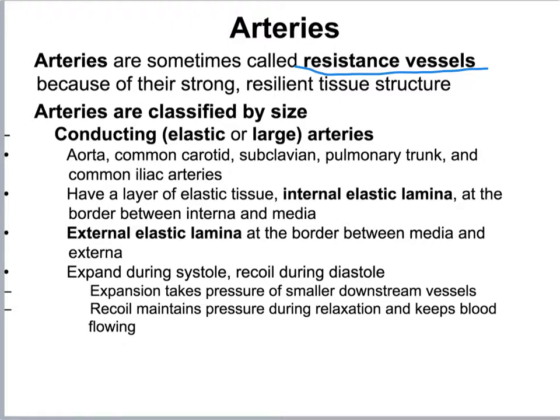This is basically just what I talked about before. Conducting arteries are sometimes called elastic or large because of their thick layer of elastic tissue. And these will actually expand and contract, not due to the action of smooth muscle, but just because you can think of them as being sort of made of rubber.